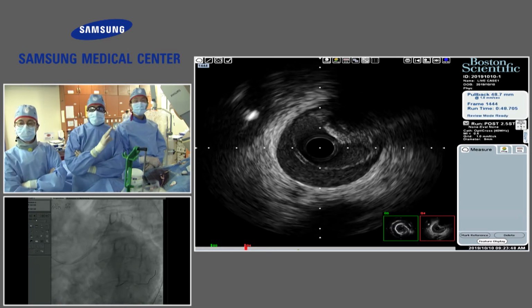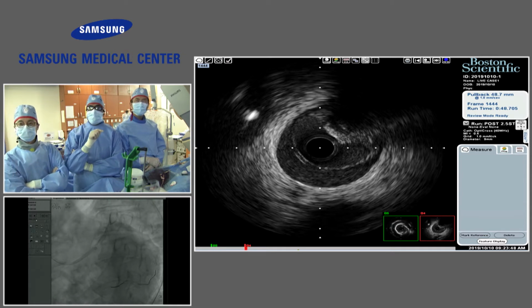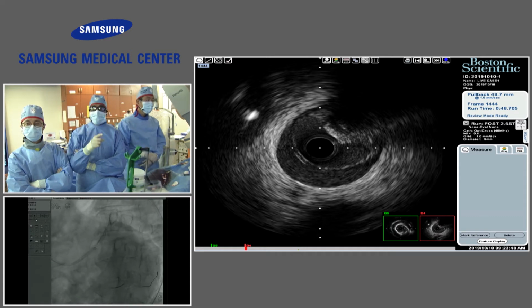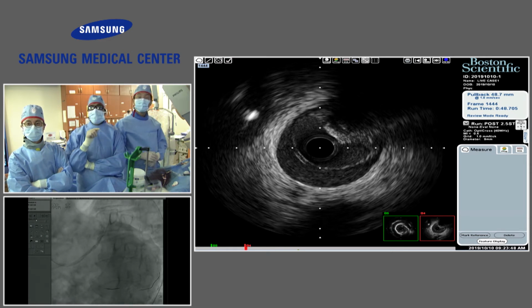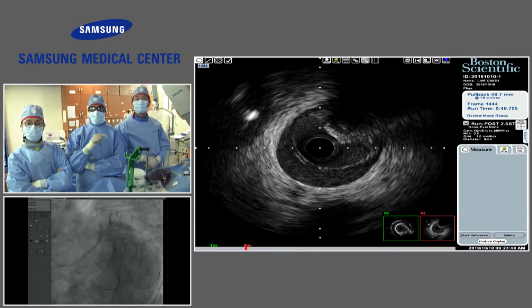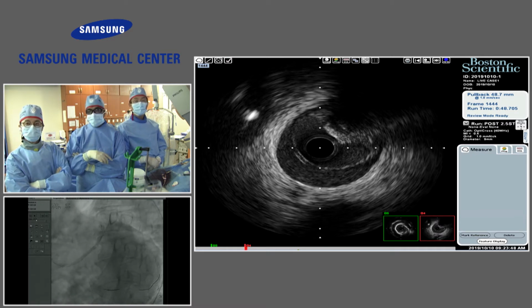Now, what you can see is that our IVUS catheter is in the true lumen. There's a calcific protruding nodule between 12 and 1 o'clock. And outside of the IVUS is the false lumen. That means we cannot lose this wire because we may easily enter into the false lumen. Therefore, that precludes our ability to easily rotablate the proximal LAD.